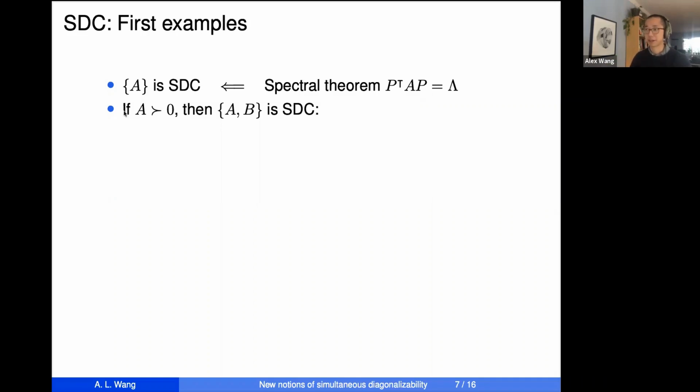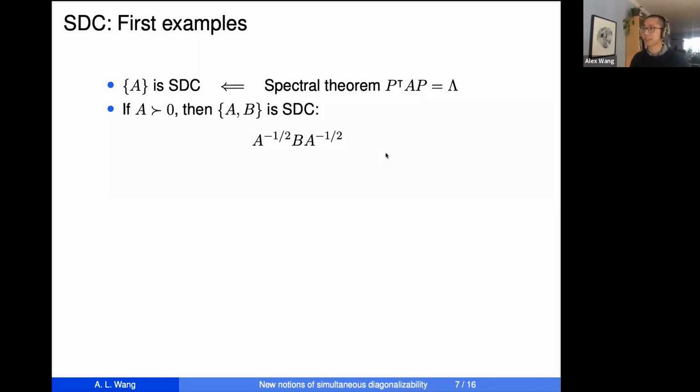Let's see now why this is in fact SDC. I claim you need to look at this matrix here, A negative half B times A negative half. For now, we'll just think of this as being pulled out of a hat. I can get into where this comes from later on, if you want to ask, perhaps at the end of the talk.